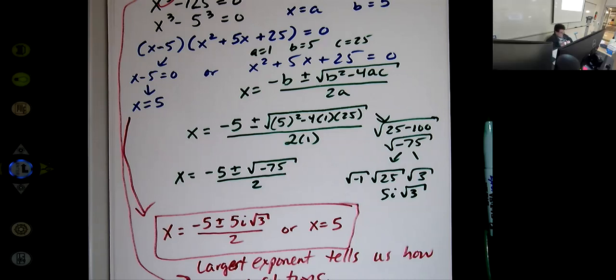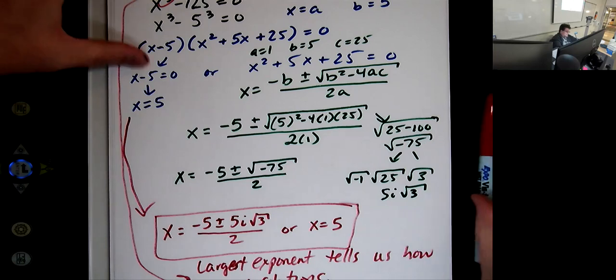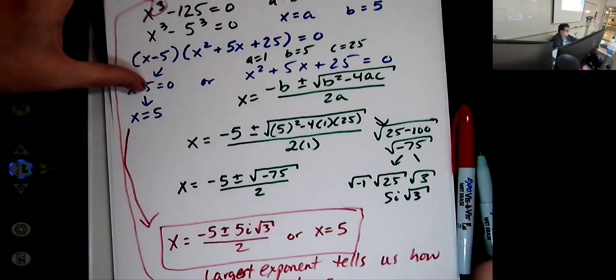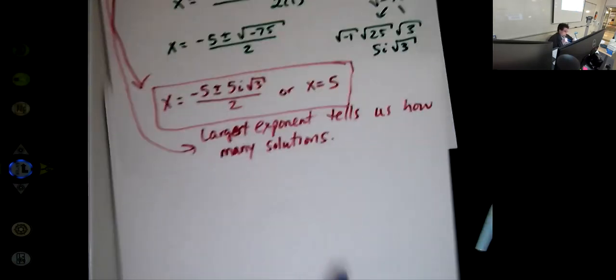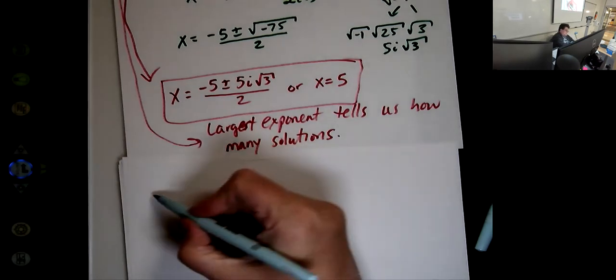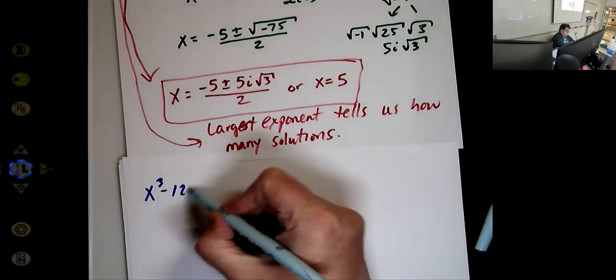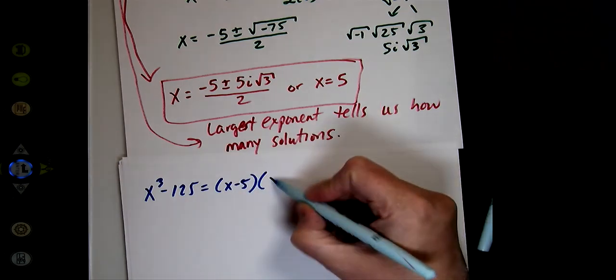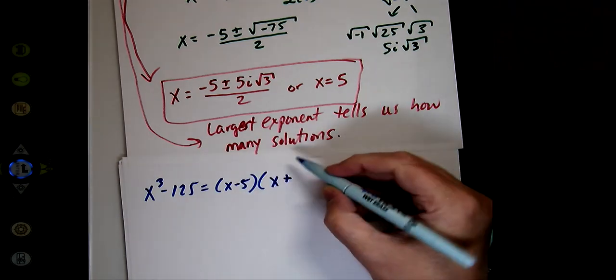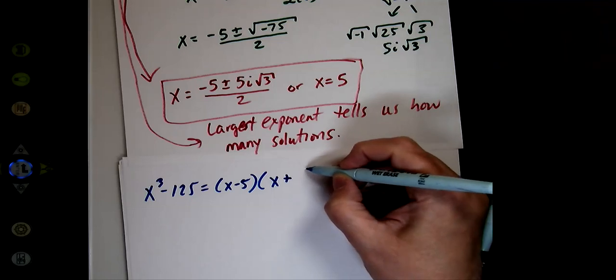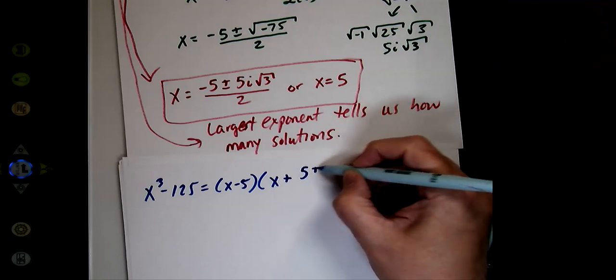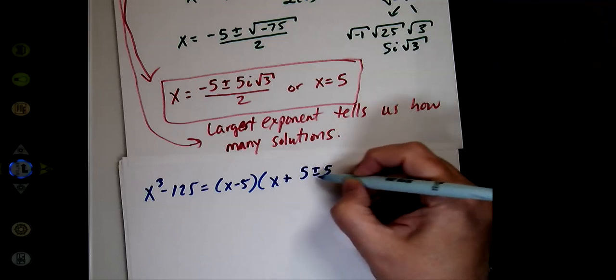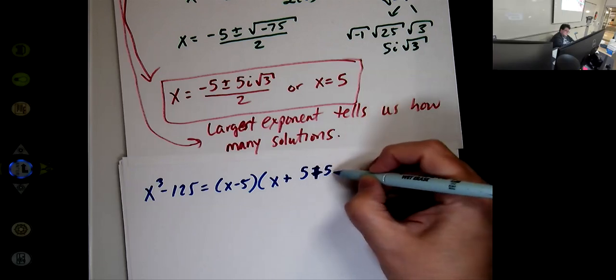Like if you were skilled enough, x cubed minus 125 is factorable. Sorry, we'll just do the plus version here.